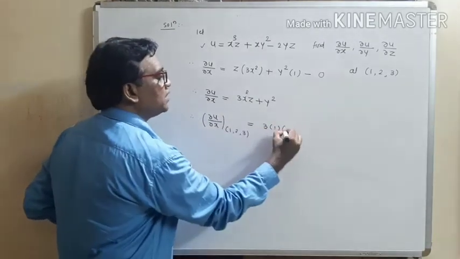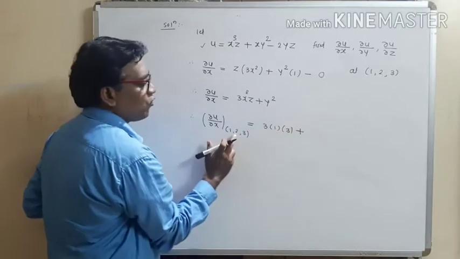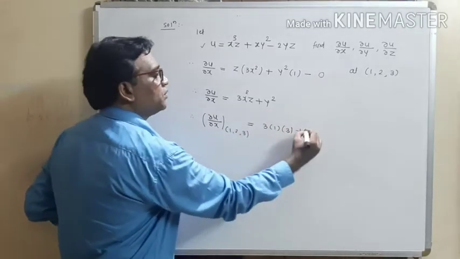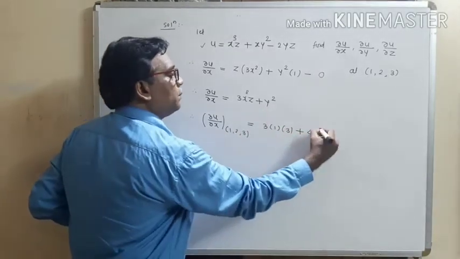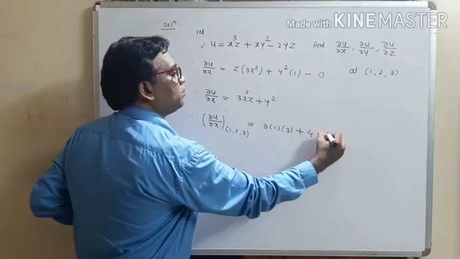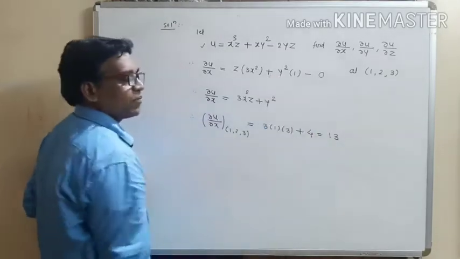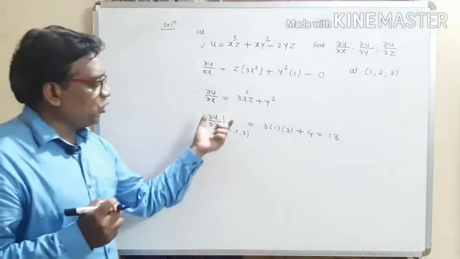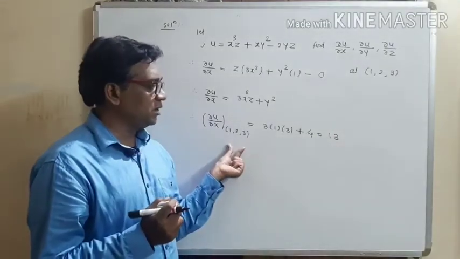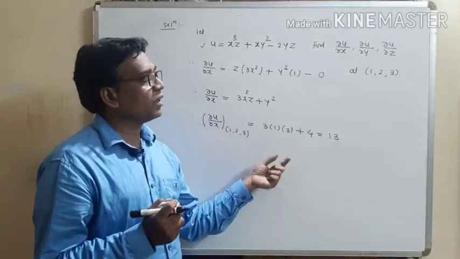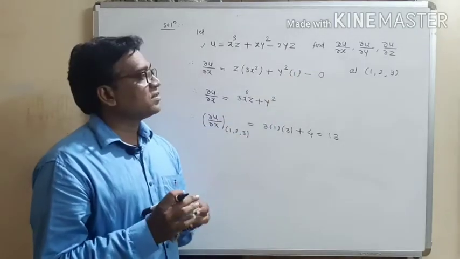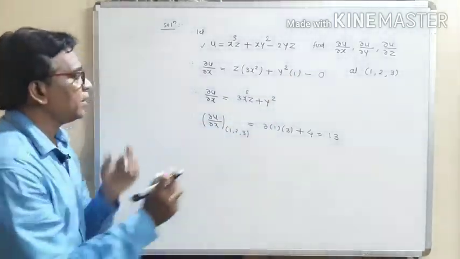Put z equal to 3, plus y square, put y equal to 2, so this is 4. So 9 plus 4, 9 plus 1, 10 plus 3, so this is our 30. So the value of ∂u/∂x at the given point (1, 2, 3), we have found as 30.